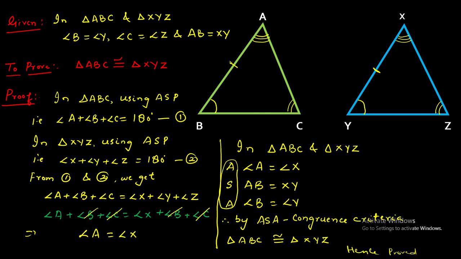So these were some of the congruence criteria that we have read so far. The first one was the side angle side congruence criteria, in which we said that two triangles are congruent if two sides and the included angle of one triangle are equal to two sides and the included angle of another triangle.